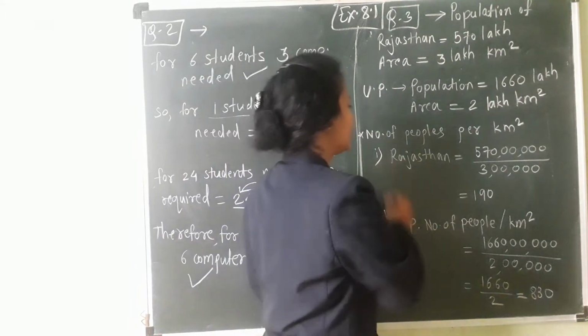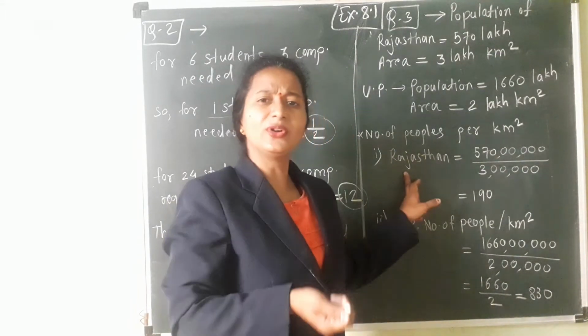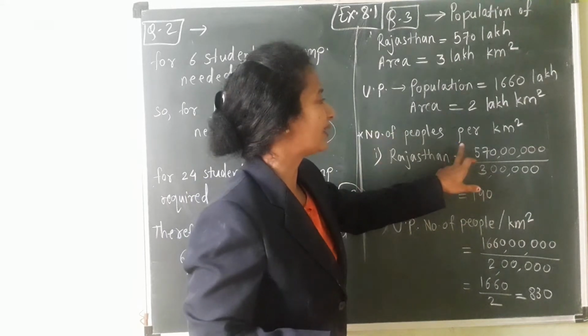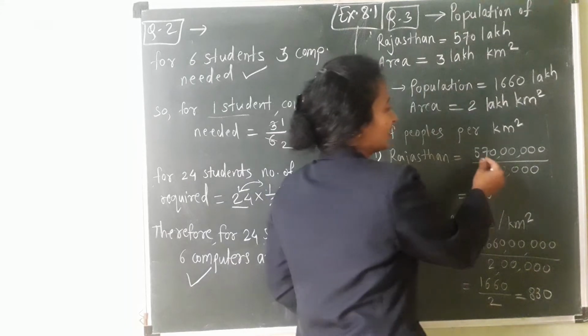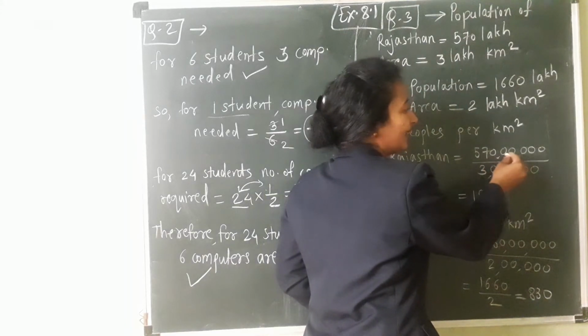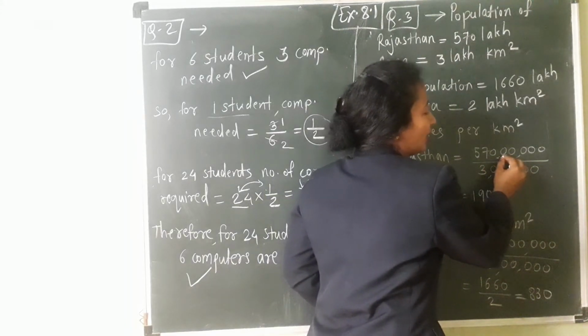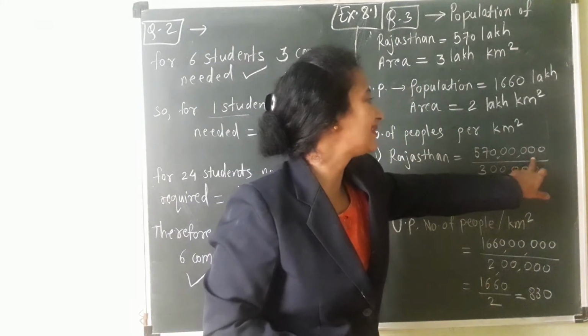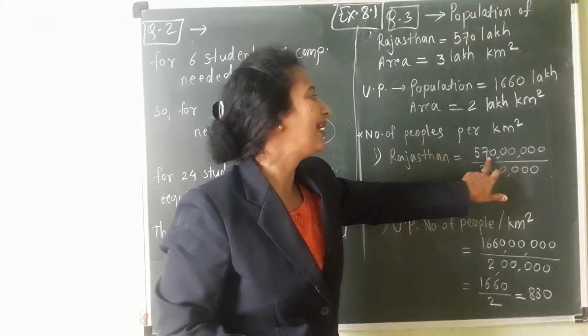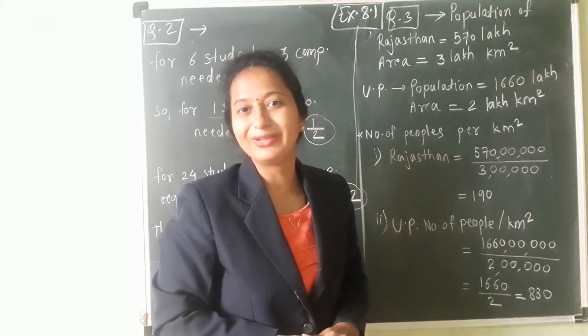So first we'll find for Rajasthan. Here we have to write the population, 570 lakh. On this number we have to put 5 zeros, ones, tens, 100, 1000, 10,000, and this 570 will come in lakhs.